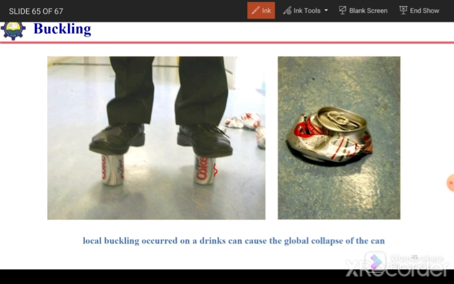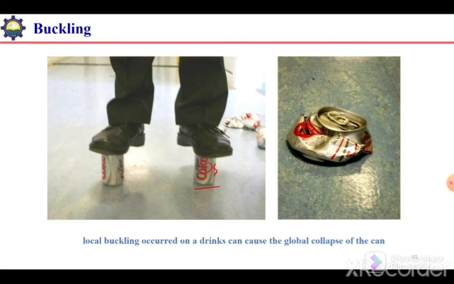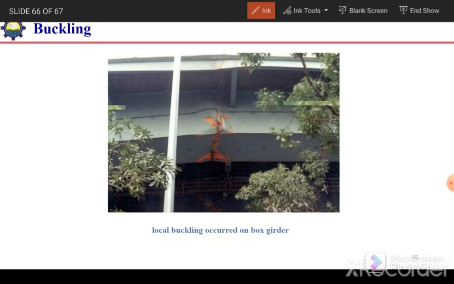In the case of a tin or drinks can, when we apply the load on it, it will buckle at some local position, and then it will cause the complete collapse of the structure. This type of buckling, which occurs at some point of the structure instead of the whole, is termed local buckling. This figure shows the evidence of local buckling.